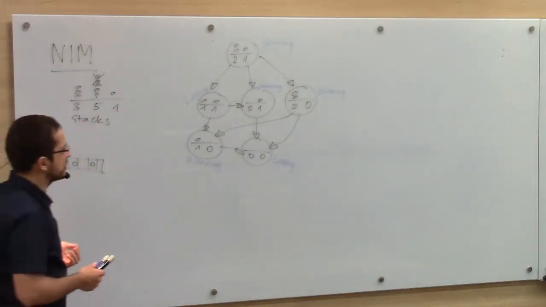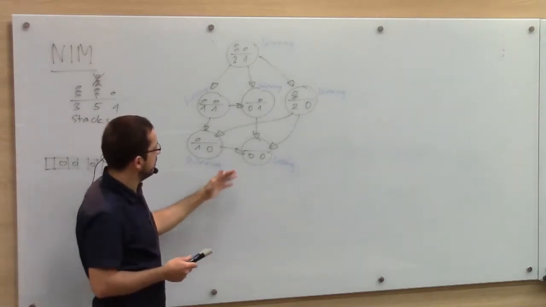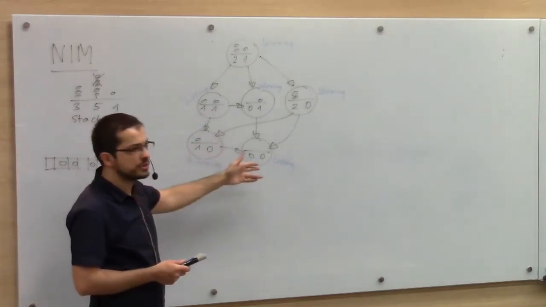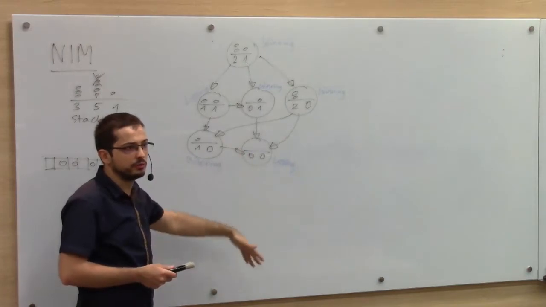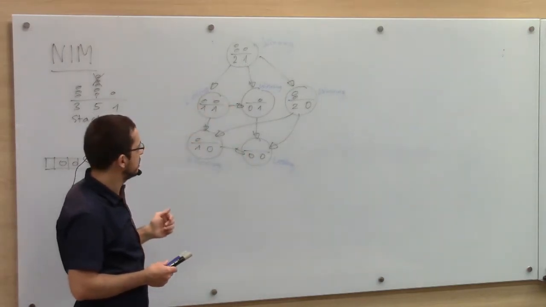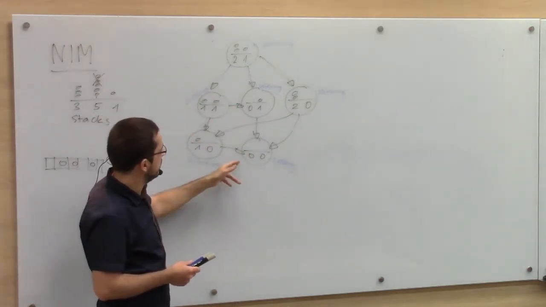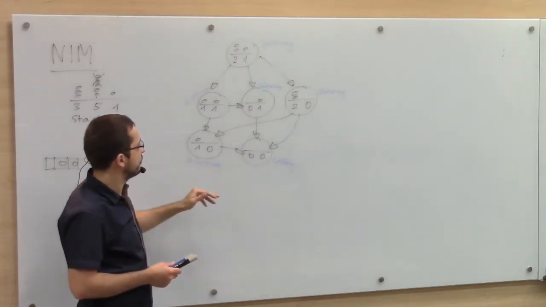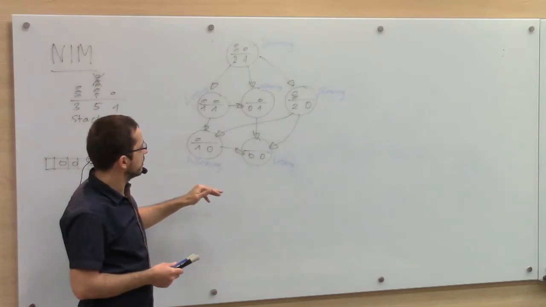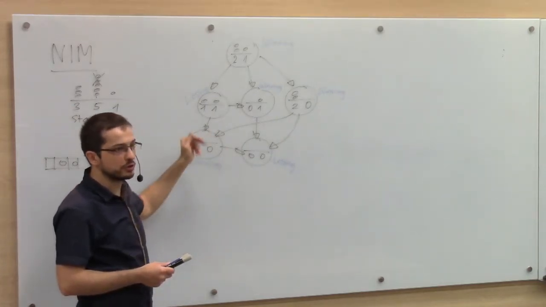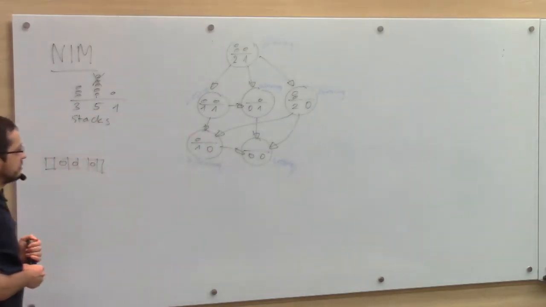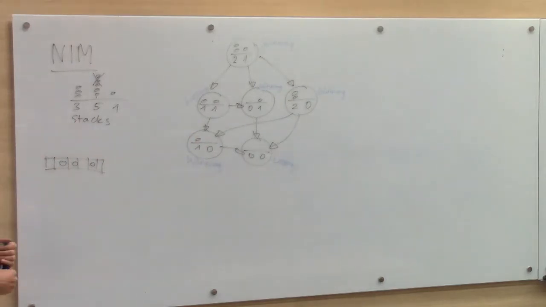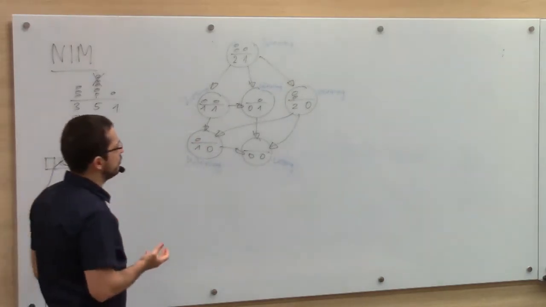So this graph has no cycles, and then you can pretty much do this algorithm using dynamic programming from the bottom to the top. So you are calculating these losing and winning labels based on the topological sorting of this graph. Okay, so this algorithm will work.